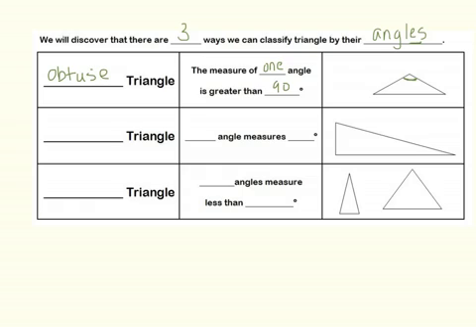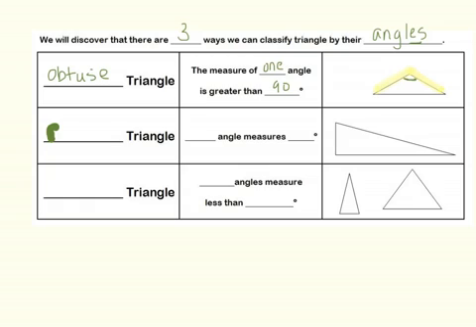So let me highlight that. We're talking about this angle right there. It is greater than 90 degrees. Now, you might be noticing these two are acute angles, but because there's one angle that is obtuse, it makes it an obtuse triangle.